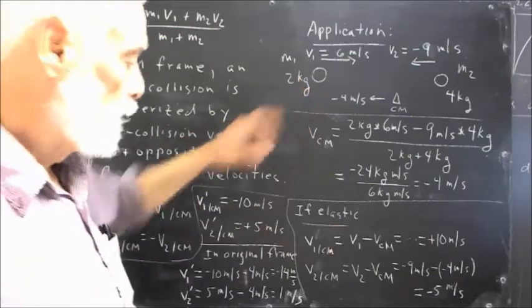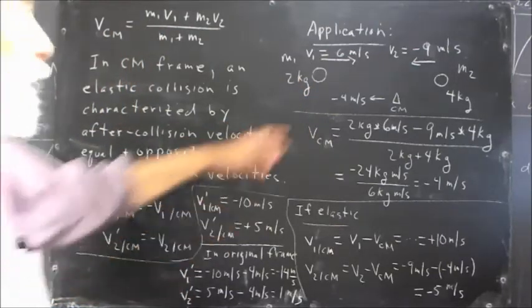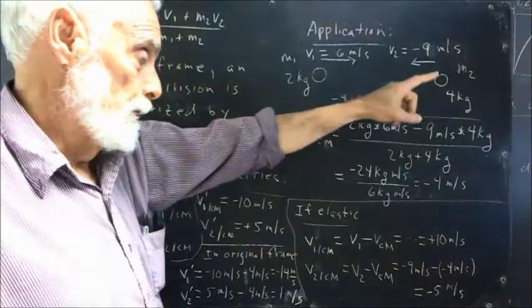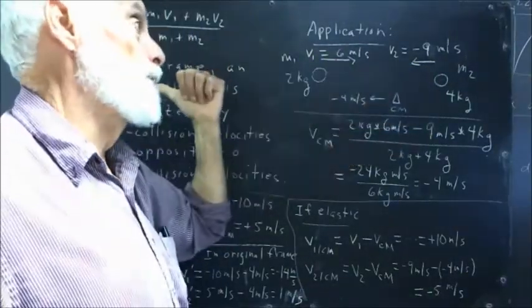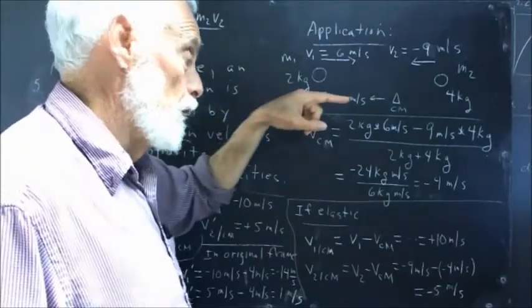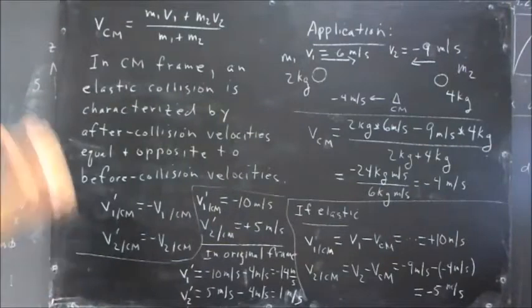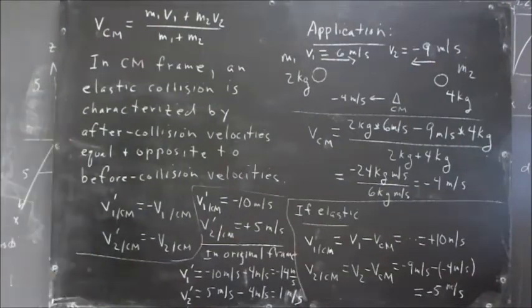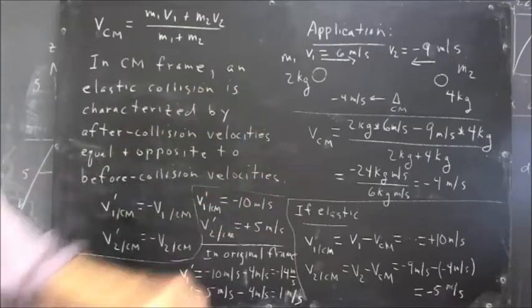The relative velocity is plus 15 meters per second, as observed from the first mass. The first mass sees the second object moving that way at 15 meters per second because it's moving at 14 meters per second, and the second object is moving at 1 meter per second. Now we can check to make sure momentum is conserved, and we can check to make sure kinetic energy is conserved by this process.